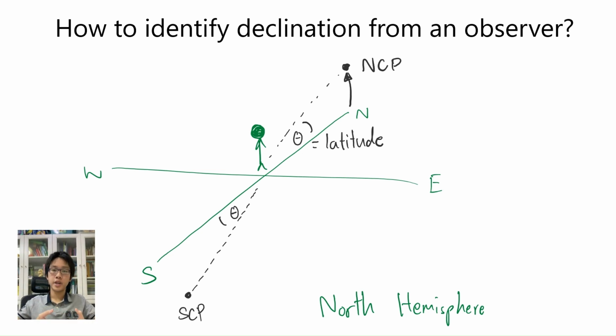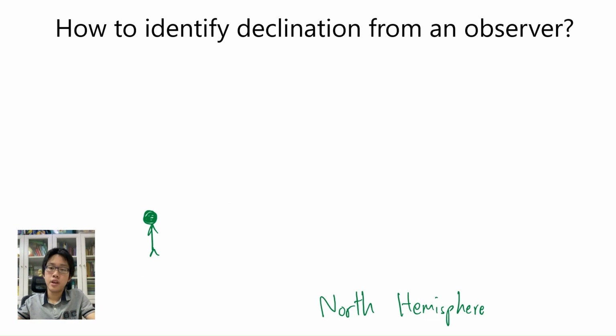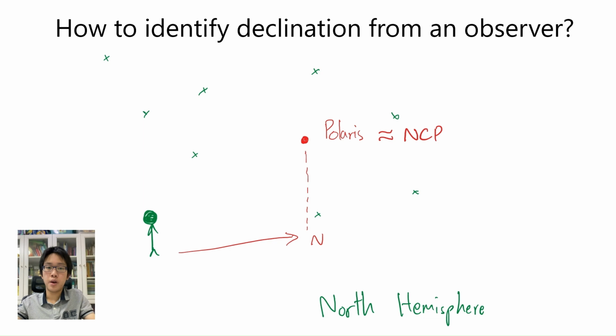So let's assume that we are a guy that stands in the Northern Hemisphere and looking through the stars. What we're going to do is look toward the north and find that one star called Polaris. That one star is going to be our approximation of the NCP, or North Celestial Pole.